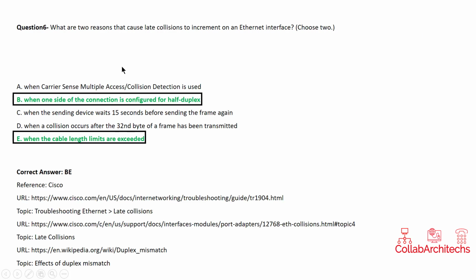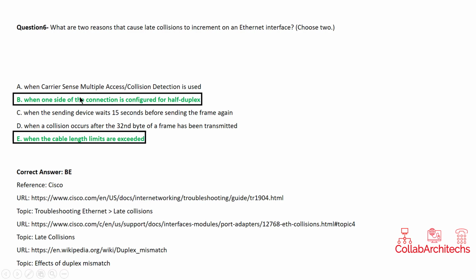So out of these 5 options, we need to choose 2. What are the 2 correct options? Okay. So B, which is when one side of the connection is configured for half duplex, looks like the correct answer, because one side is configured as half duplex and the other side as full duplex, means it is a duplex mismatch.